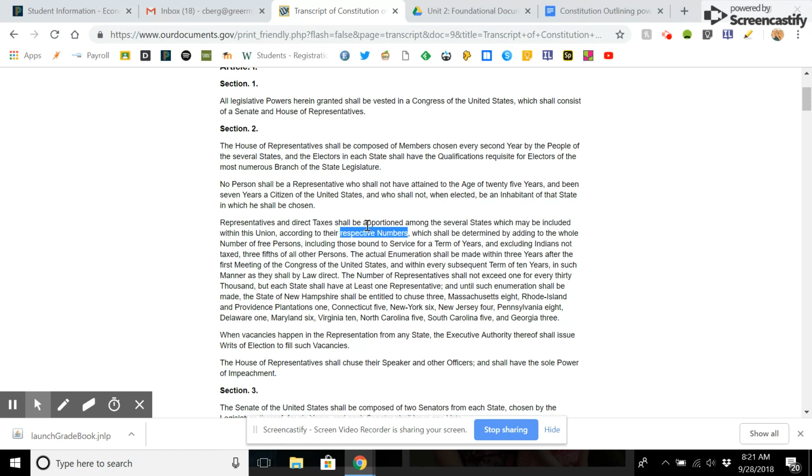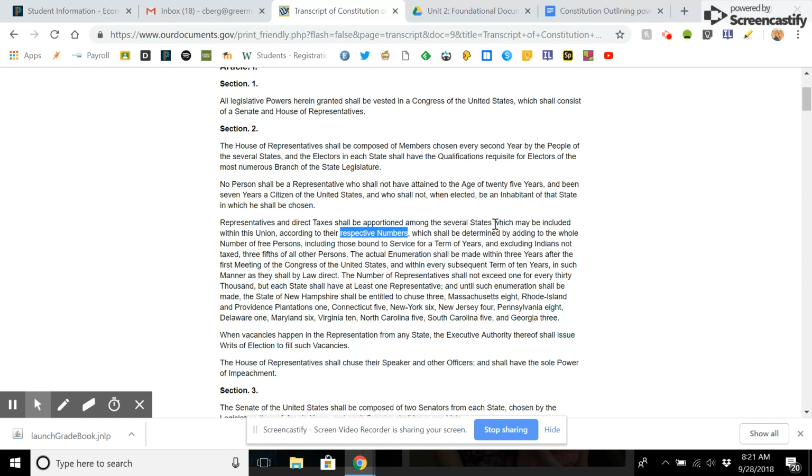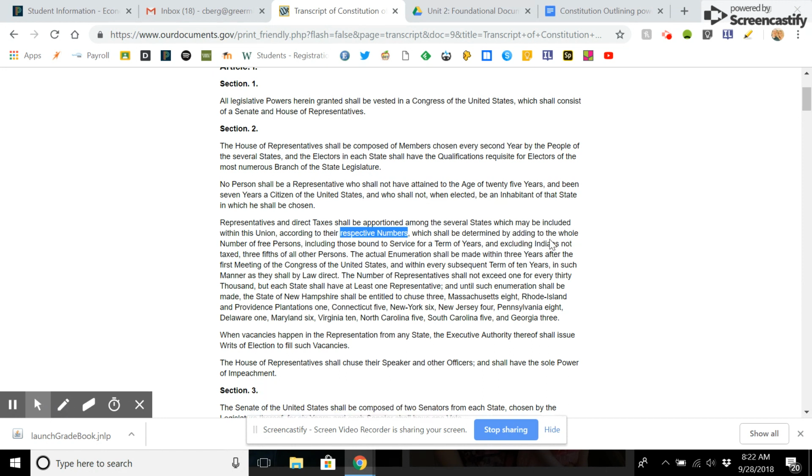So representatives shall be apportioned, that means divided out, among the several states, that means all of the states, according to their respective numbers, which shall be determined by adding to the whole number of free persons those bound to service for a term of years.